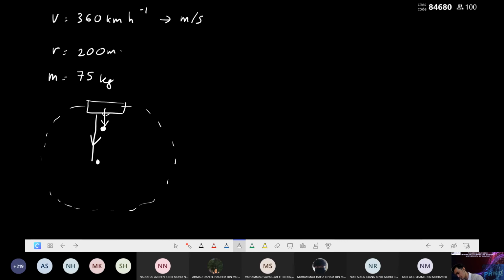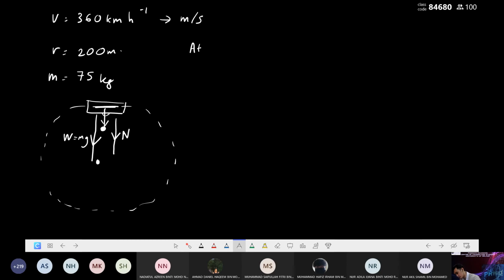Okay, ni adalah kita punya weight. Weight akan point kepada center. Weight is equal to mg. And the normal always in contact perpendicularly to the plane. Plane kita dekat sini, jadi normal kita pun akan sama ke bawah. This is the normal. So when we want to make an equation yang equal to the mv square over r, sebab FC kita adalah mv square over r kan.